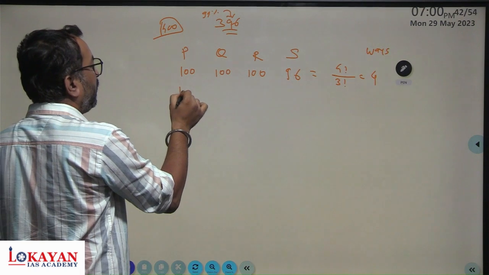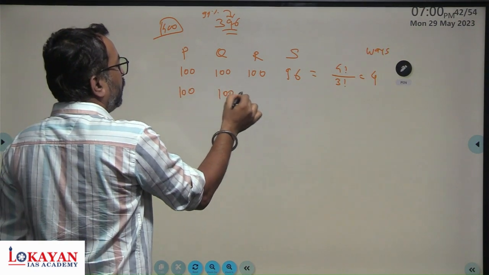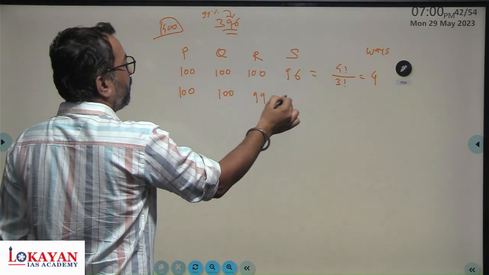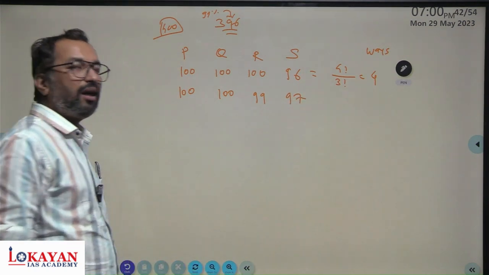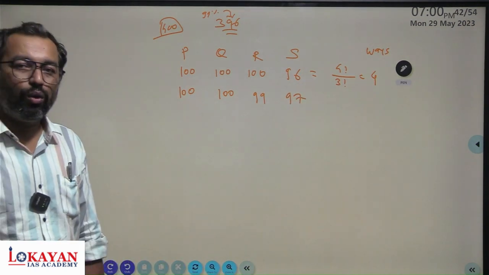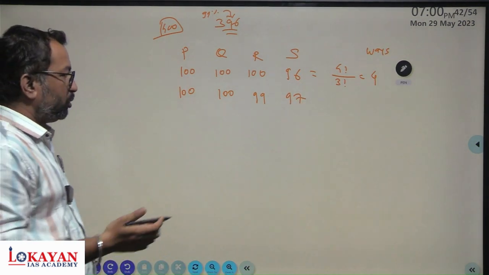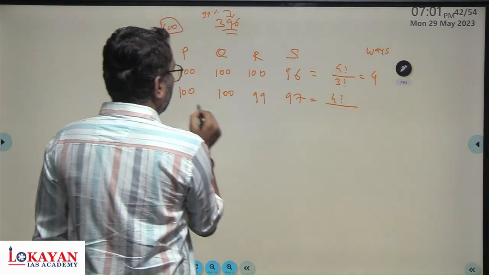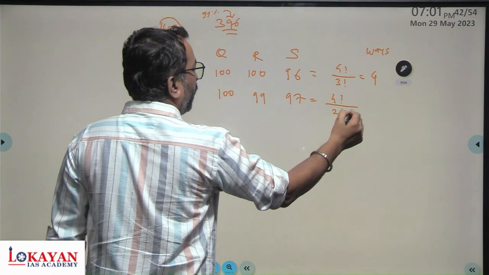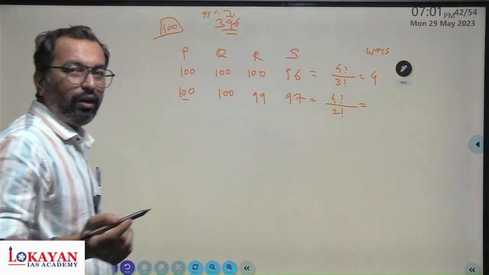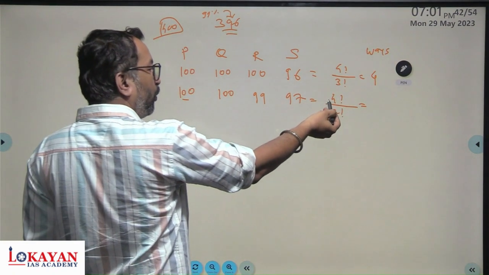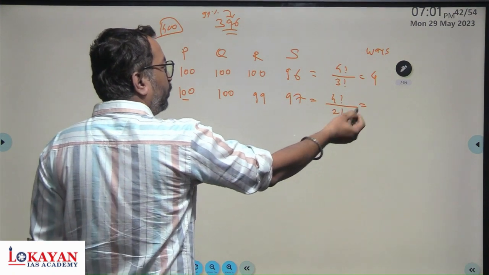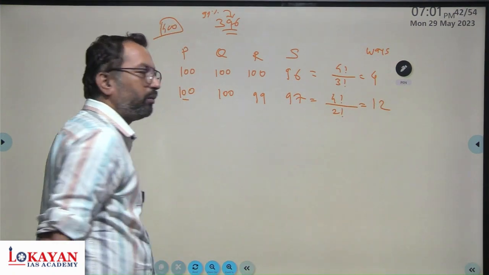Now 2 papers with 100, and 1 paper with 99 and 1 paper with 97, because we are allowed to lose only 4 marks. So this can be done in how many ways? 4 factorial divided by 2 factorial, as 2 repeat. What value will we get? 4 factorial is 24 divided by 2, so 12 ways.